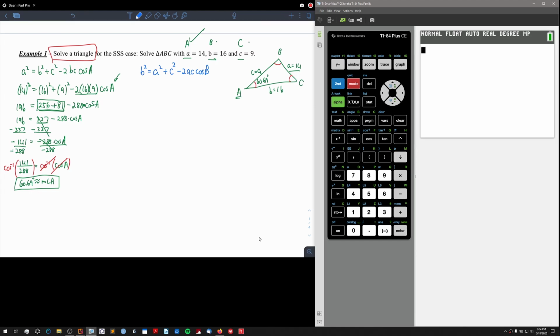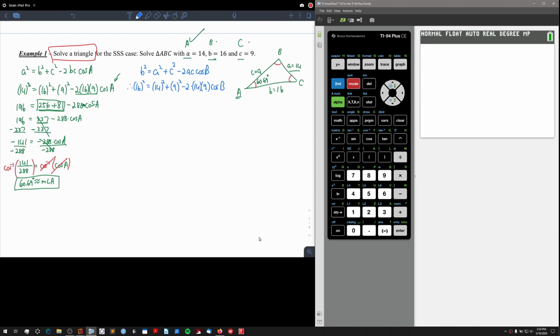Okay, that's the formula. And so I'm going to use everything I know, plug stuff in. So B is 16 squared equals A is 14 squared plus C is 9 squared again, minus 2 times 14 times 9 cosine B. I don't know B. Alright?